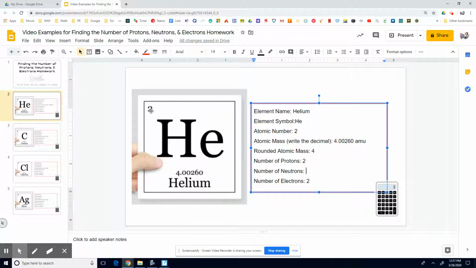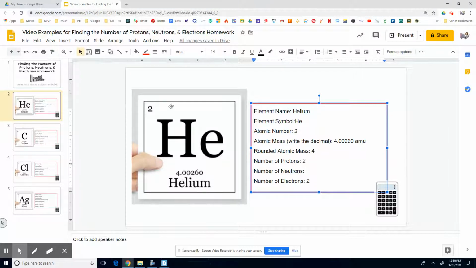Now, neutrons is just slightly more complex. It is not the number 4, and it is not the number 2 here, at least not as they're written. I told you that this is the weight of an atom of helium. Protons and neutrons are fairly large compared to electrons, which are so much smaller, like 2,000 times smaller. So the weight here is the weight of the protons, neutrons, and electrons together, but electrons weigh pretty much nothing, so they hardly adjust this weight at all.